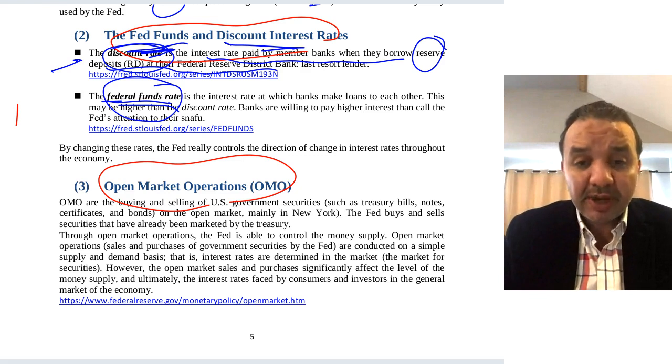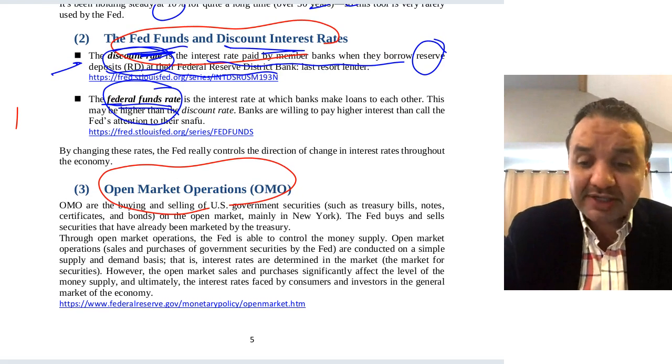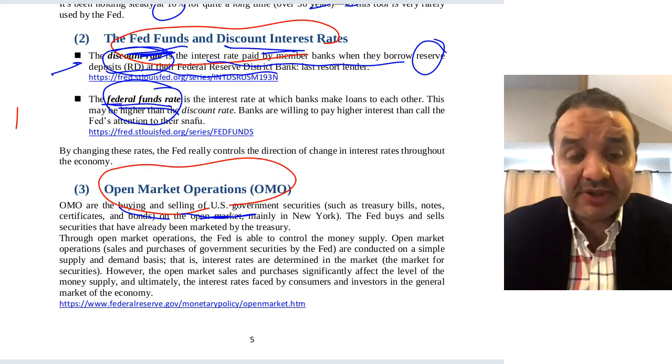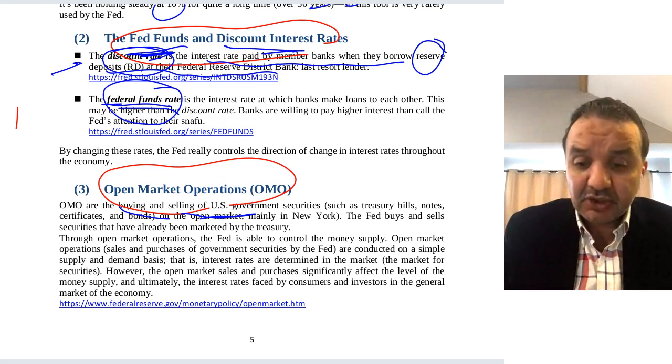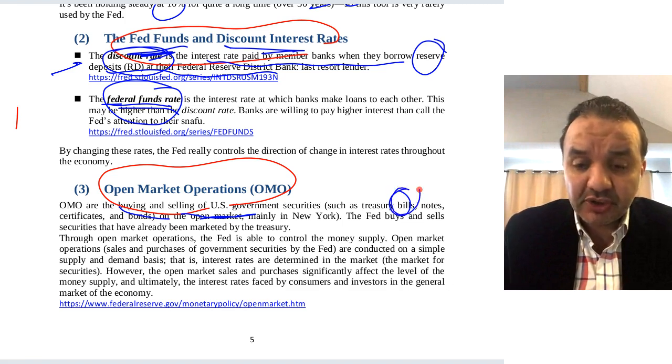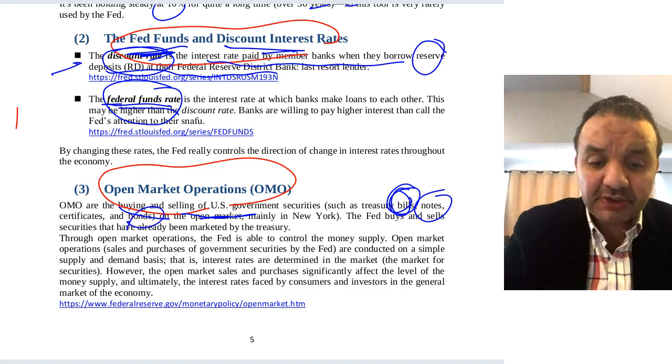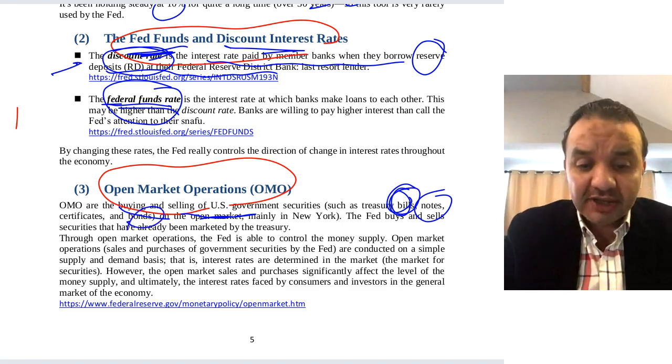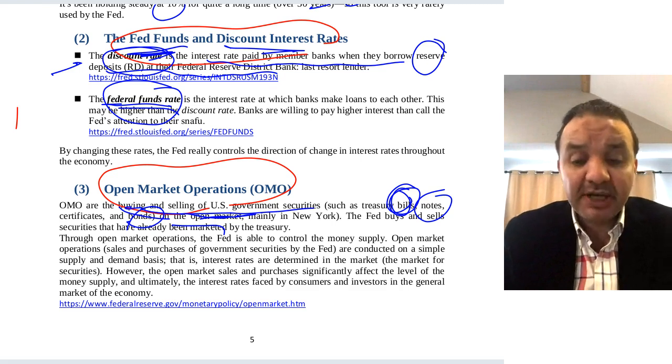The federal bank can buy and sell these U.S. government securities. Bills are short-term investments, and notes and bonds are longer term. The federal bank can buy or sell these U.S. government securities in the open market, mainly in New York.